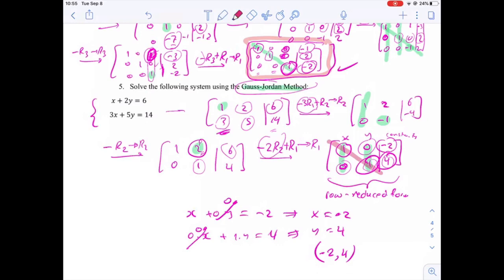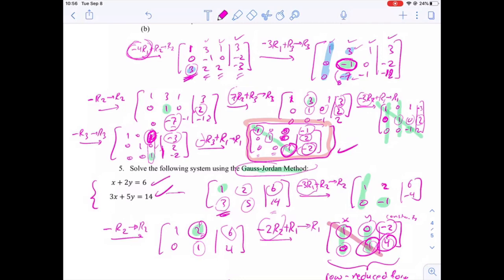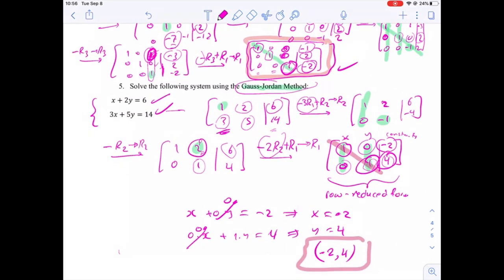That's the solution, and as you can see, we got a unique solution. It's determined by a value of x and a corresponding value of y. That means those two lines meet at the point (-2, 4), and that's the solution. That's a unique solution.